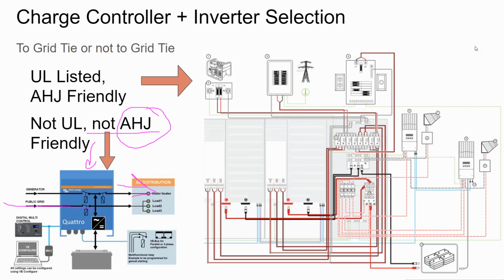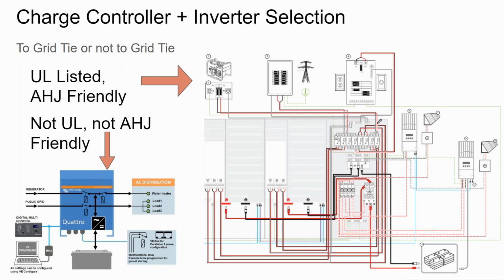So AHJ is your local permit office, the authority having jurisdiction over the array, and they're allowed to make up their own rules that go above and beyond National Electric Code. A good example where I commonly disagree with AHJ regulations is the need for an external, readily accessible knife switch disconnect.